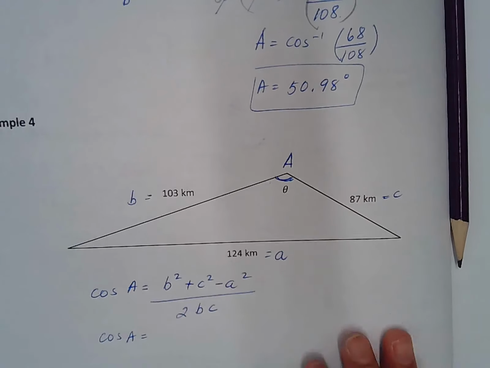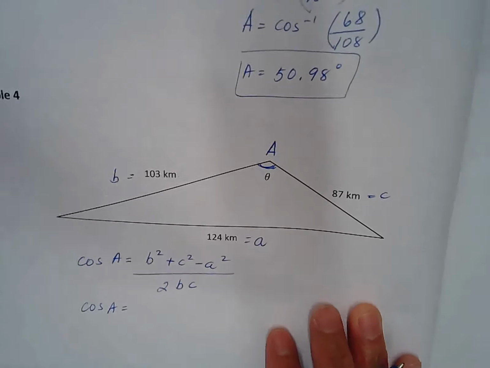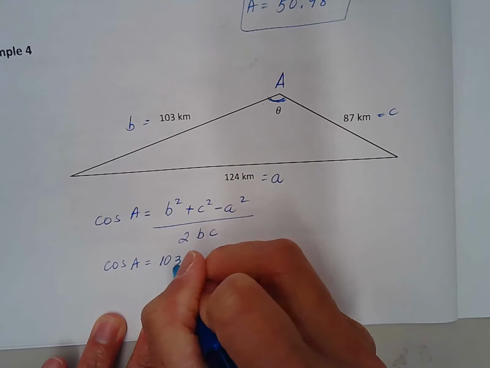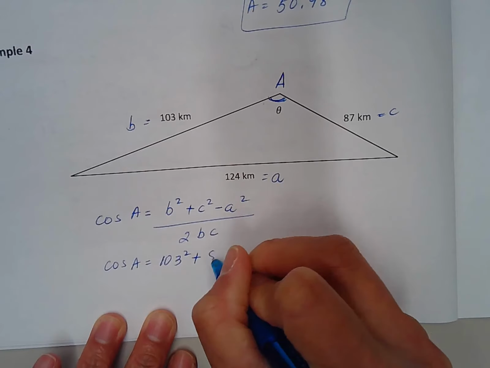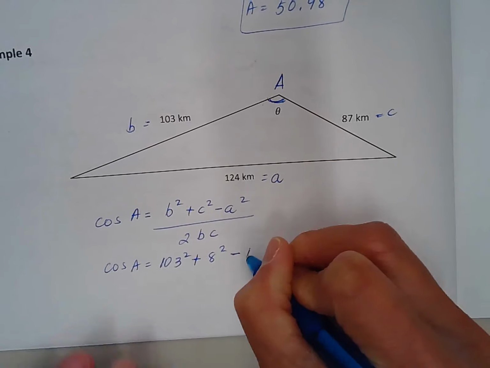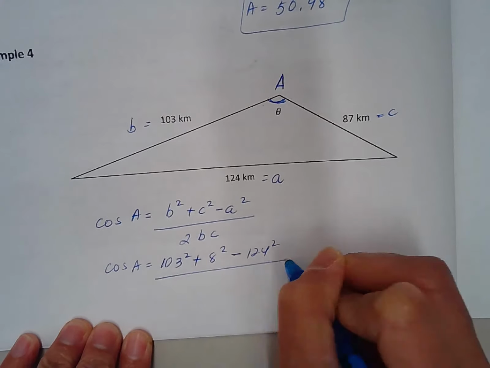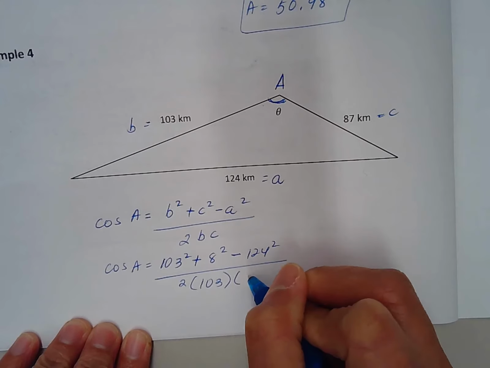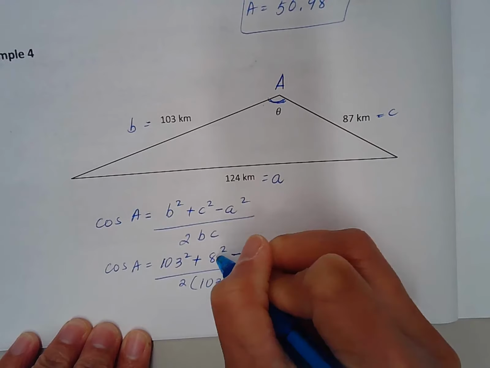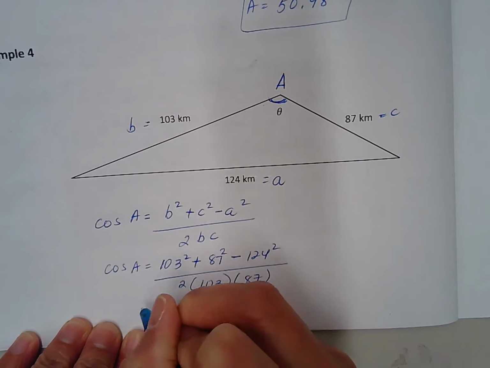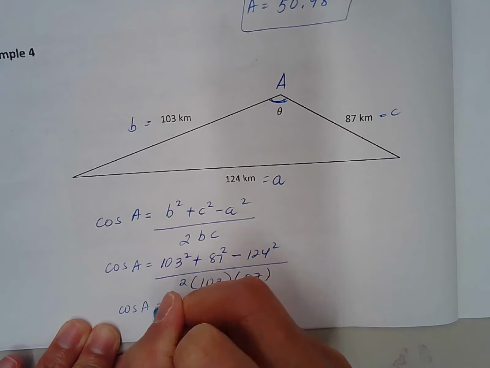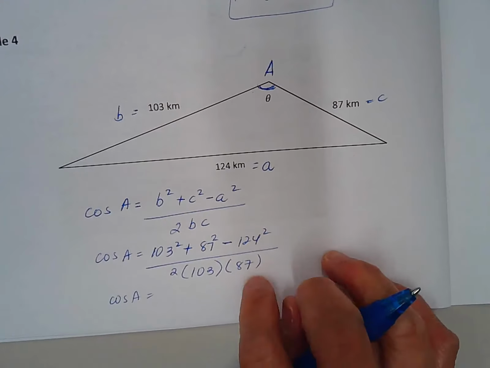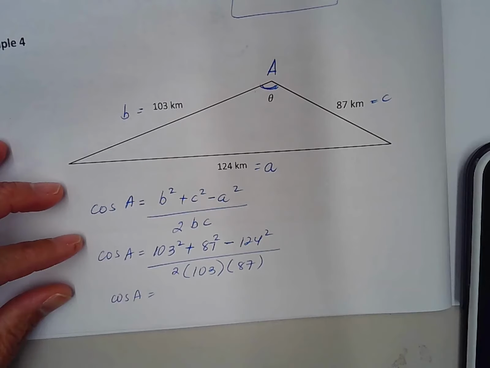Is everybody okay? What did you put down? 103 squared plus 87 squared minus 124 squared, divided by 2 times 103 times 87. So cos of A. I've got to work out the top and work out the bottom.